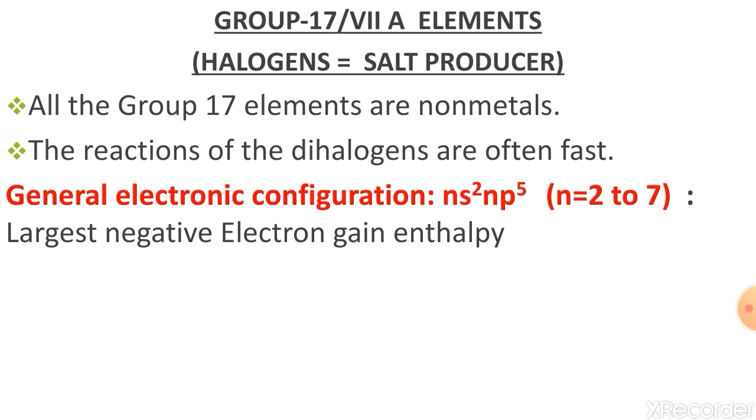This indicates 7 electrons in the outermost shell, that is 1 electron less than the nearest noble gas configuration. Due to this reason, they also have the largest negative electron gain enthalpy. So this is all about the electronic configuration of group 17 elements.